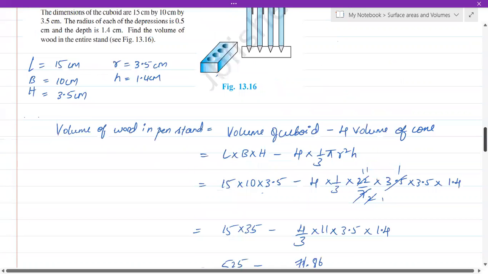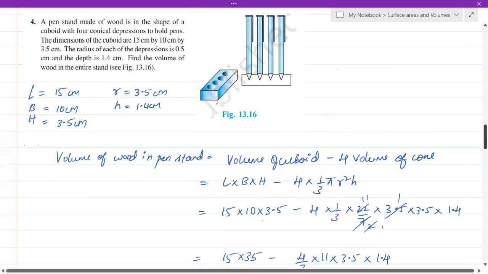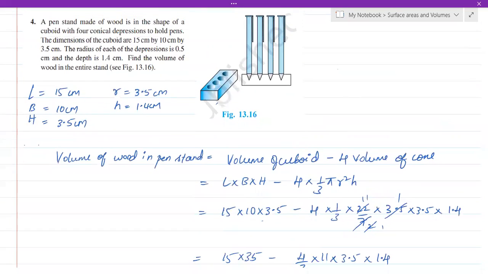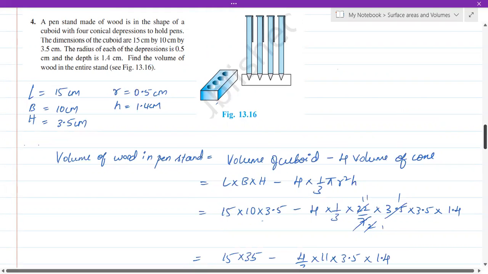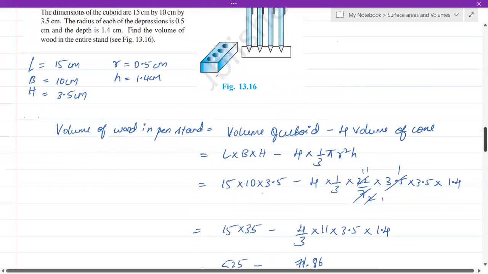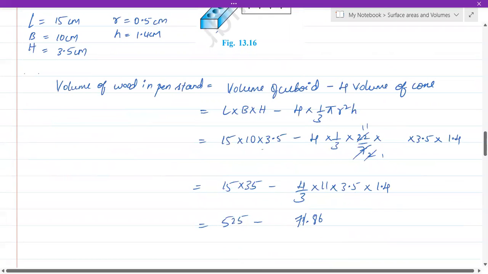Let's check the data once. Okay, here I made a small mistake. The radius of the conical depressions is 0.5 centimeter. So let's change here. Let me rewrite it again.